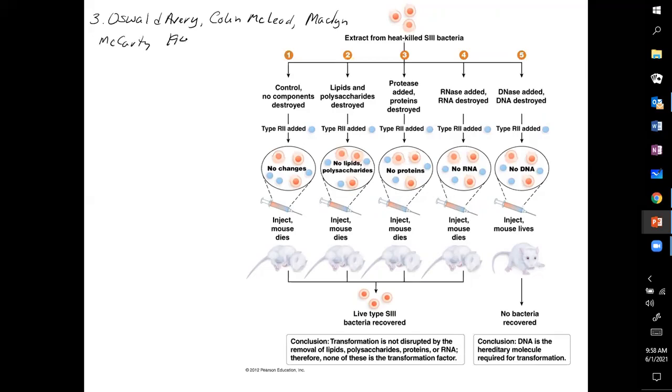In 1944, about 15, 20 years later, they picked up Griffith's transformation experiments and looked at it from a more molecular perspective. What they ended up doing with their experiments, I'm going to give you the conclusion, we'll go through the experiment, is they provided evidence to suggest it wasn't protein, but it was that DNA was the transformative factor.